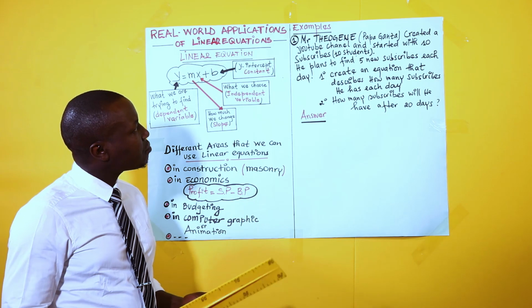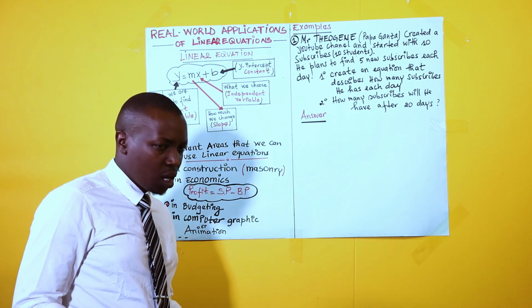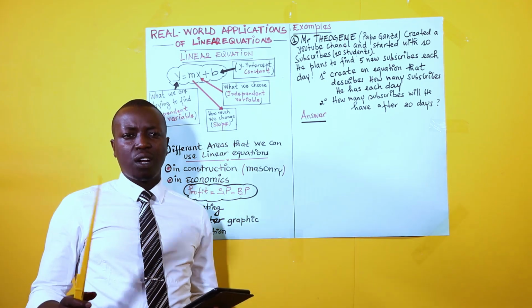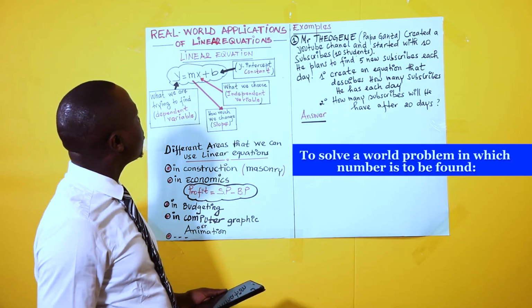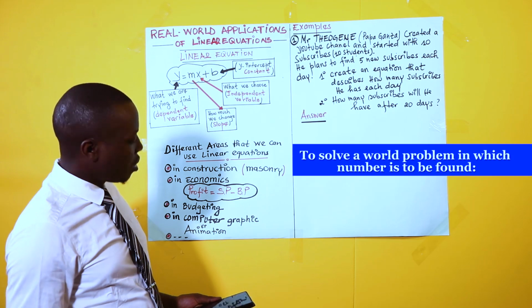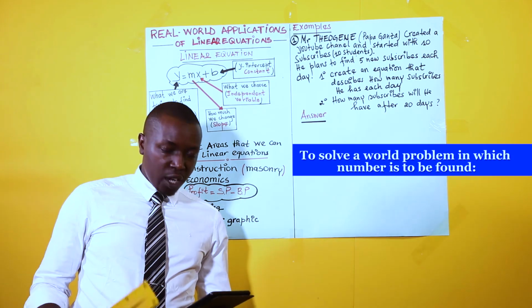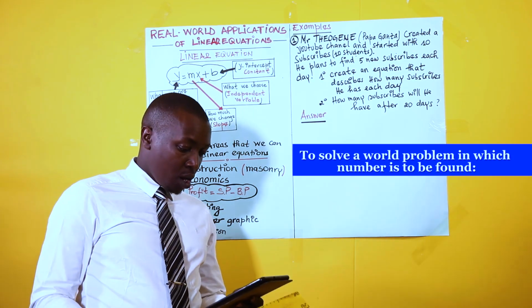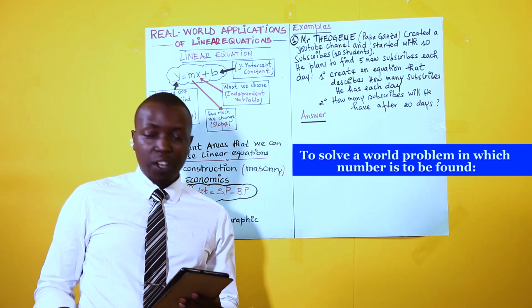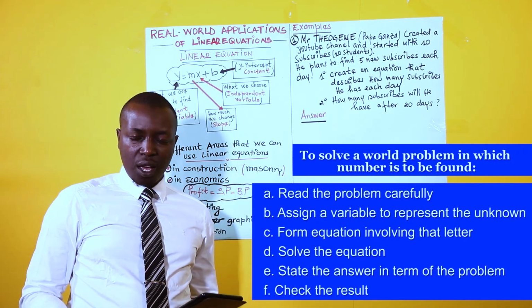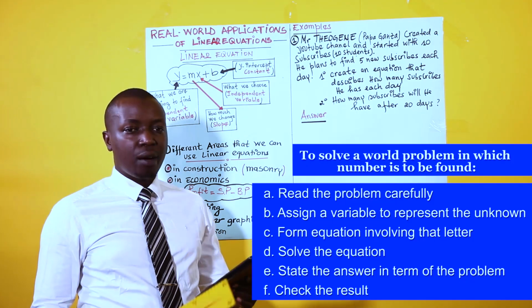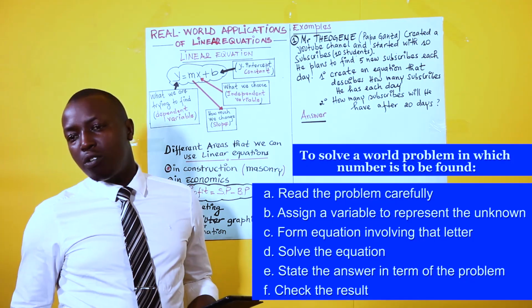There is a procedure that you can follow so that you can solve word or real life problems. First, you have to read the problem carefully. Secondly, you have to assign a variable to represent the unknown.